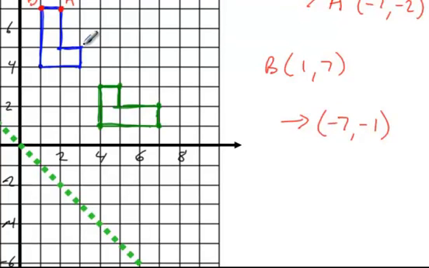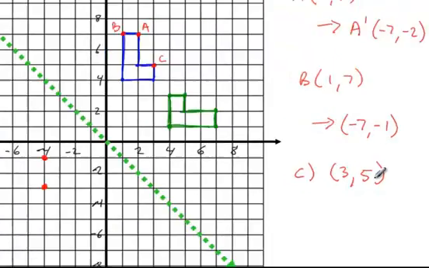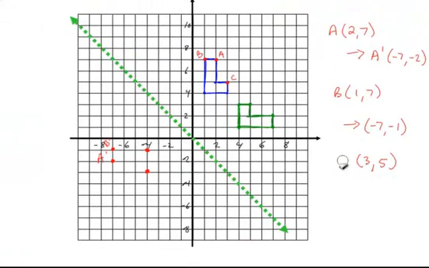There's one final point. I believe we haven't done this one yet. We can call that one C, and it is at 3 and 5. Okay, C has coordinates of 3 and 5. C is 3, 5, and so where does it go? We are 1, 2, 3, 4 diagonals away.